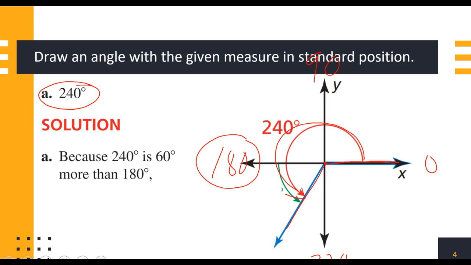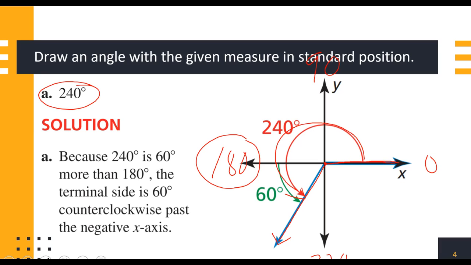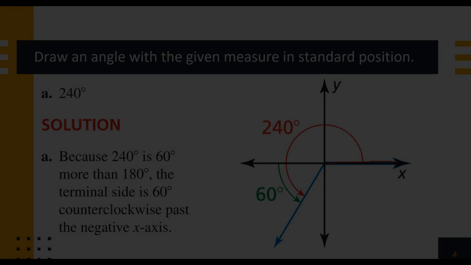So your terminal side should be around here. That's how to draw a given angle. Remember, if it is a positive angle, you should be rotating the terminal side counterclockwise, and if it's negative, you rotate that clockwise.